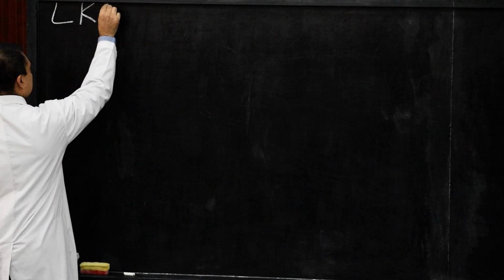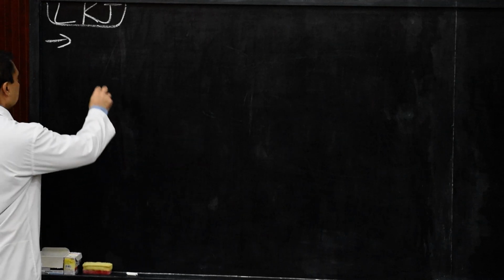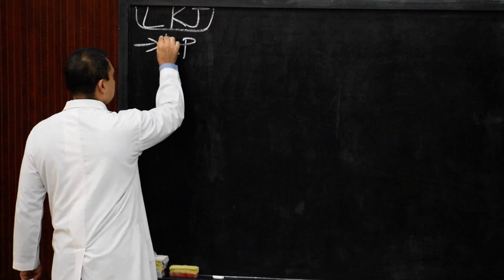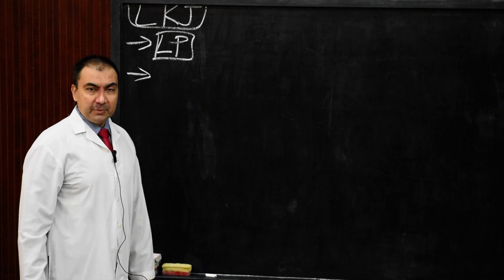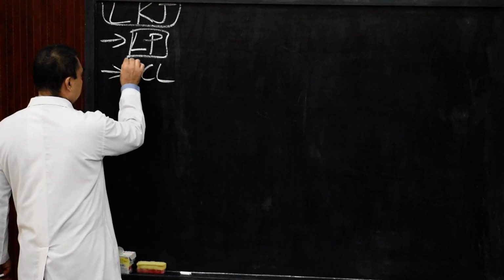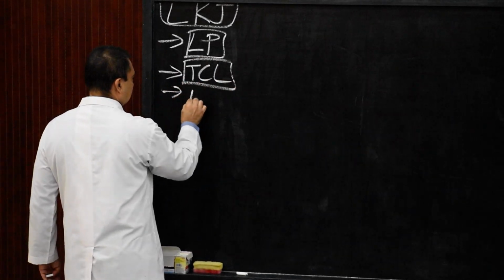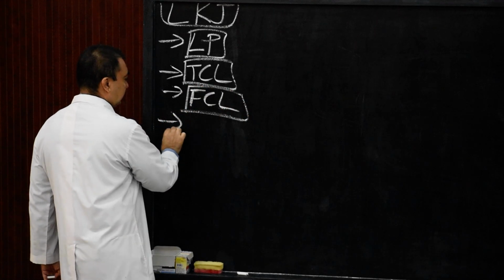In the ligaments of the knee joint, the first ligament we are going to discuss will be the ligamentum patelli. Along with the ligamentum patelli, we are going to discuss the tibial collateral ligament and the fibular collateral ligament. These are the collateral ligaments.